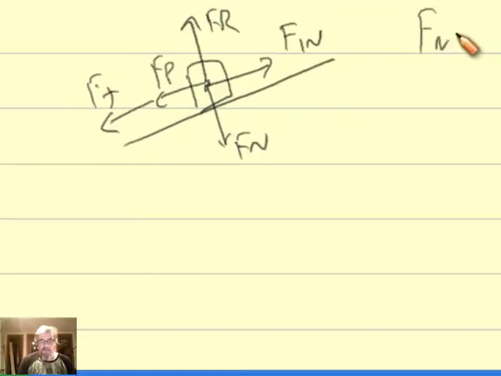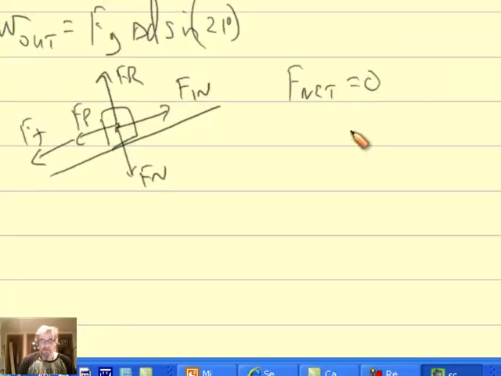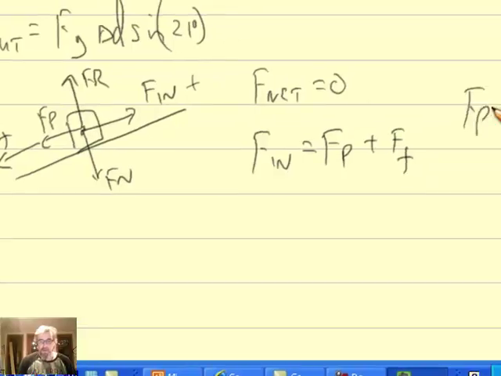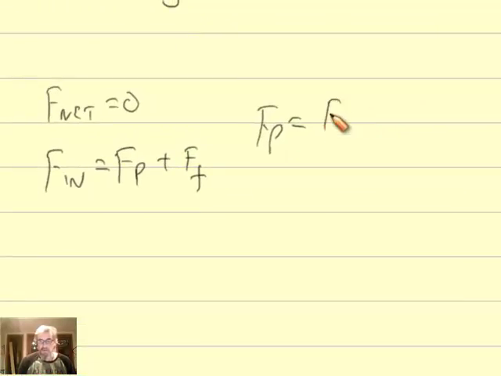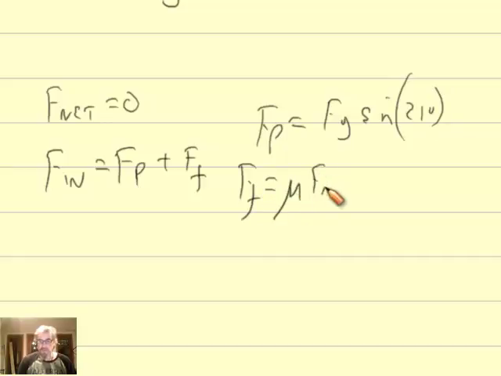It's moving at constant speed, so that means net force is 0. So if we take upslope to be positive, that means the input force is equal to the sum of the parallel force and the force due to friction. We know a parallel force is going to be equal to the weight of the box times the sine of 21 degrees. We also know that frictional force is going to be equal to mu times the normal force. But the normal force is the weight times the cosine of 21 degrees.